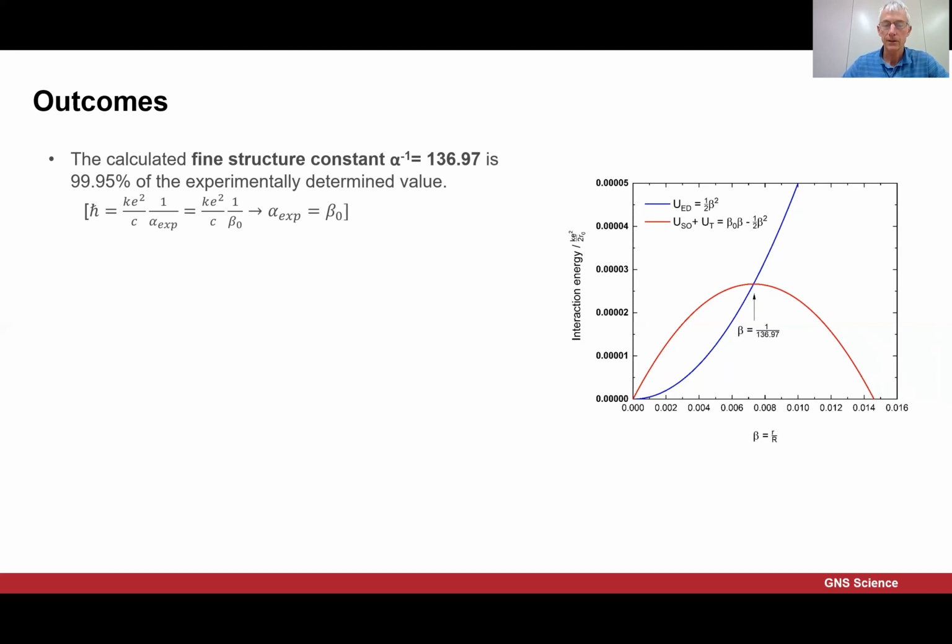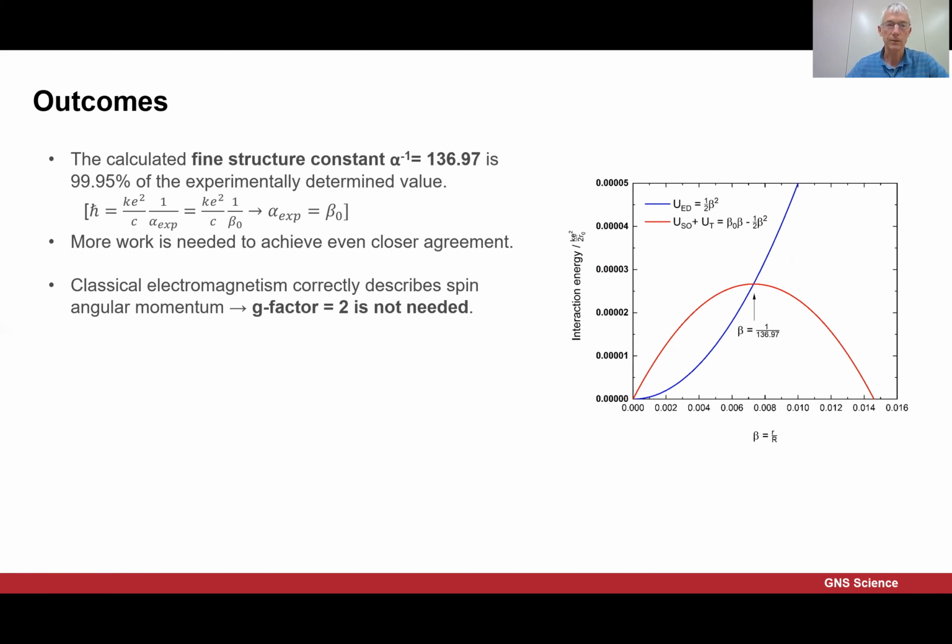And indeed, this also is effectively deriving an expression for Planck's constant, because that is related to the fine structure constant. So this theory presented here, and indeed in the paper, is, at a first order approximation, and there are more refinements that could be done to this model, and I believe can achieve even closer agreement.